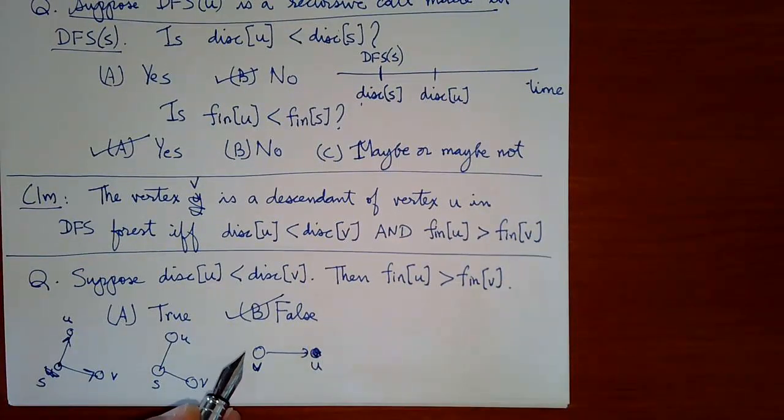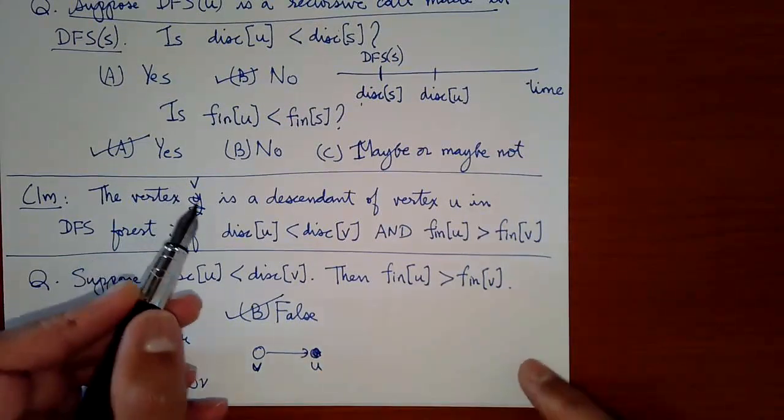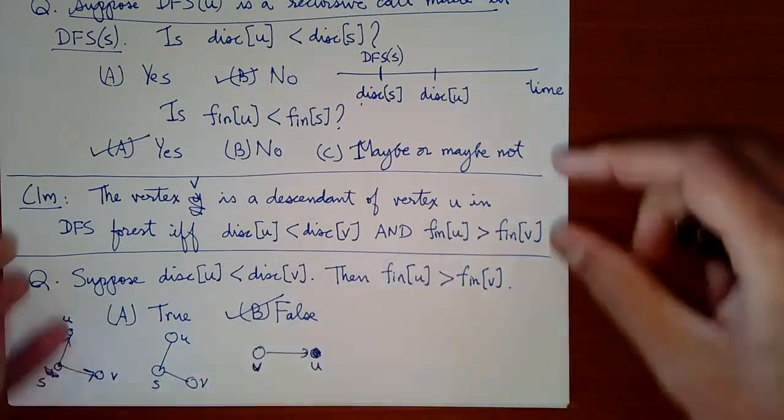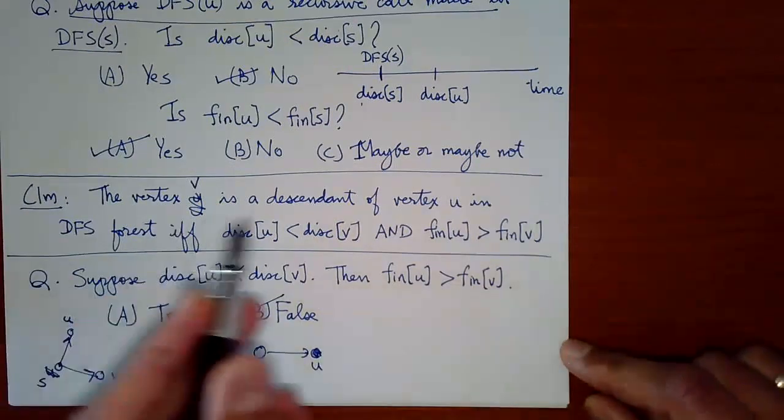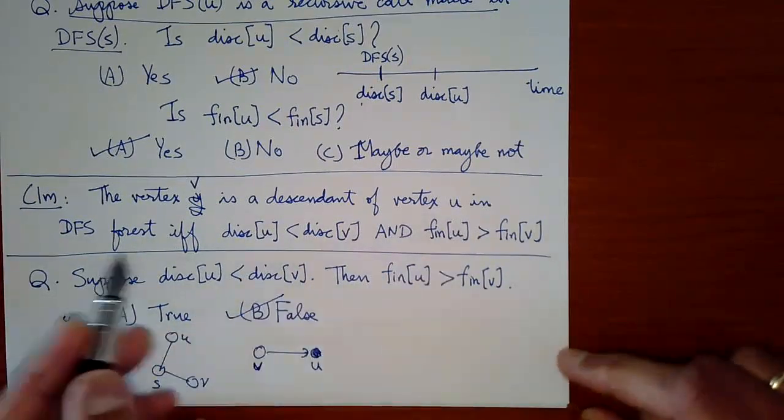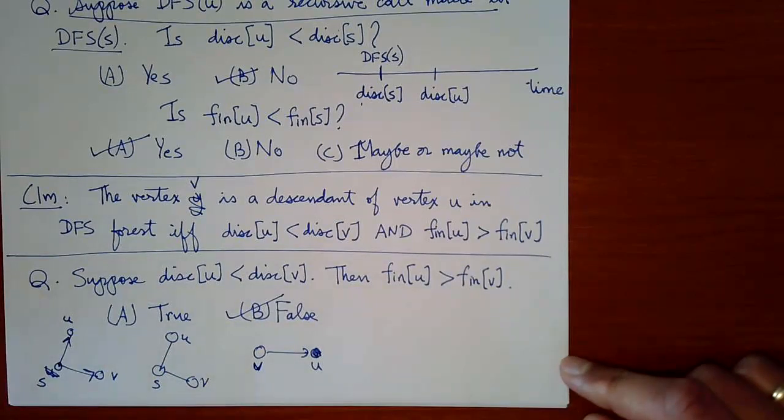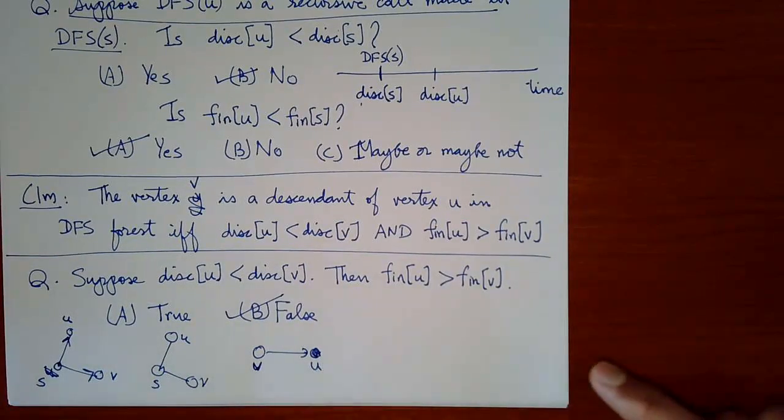Someone pointed out an argument, that it was true, which is only true if it's a descendant. And indeed, the claim is the vertex V is a descendant of U if and only if these conditions hold. Is this making sense?